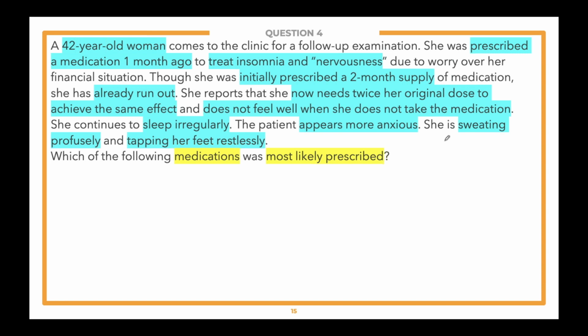Okay, so we are told what it was prescribed for. What are the clinical indications it was used for? We're also told about how the patient is feeling, some dosing history that the patient has with this medication, and how she's doing now after taking this for a month. So some important clues there that are going to help us get to our correct answer.